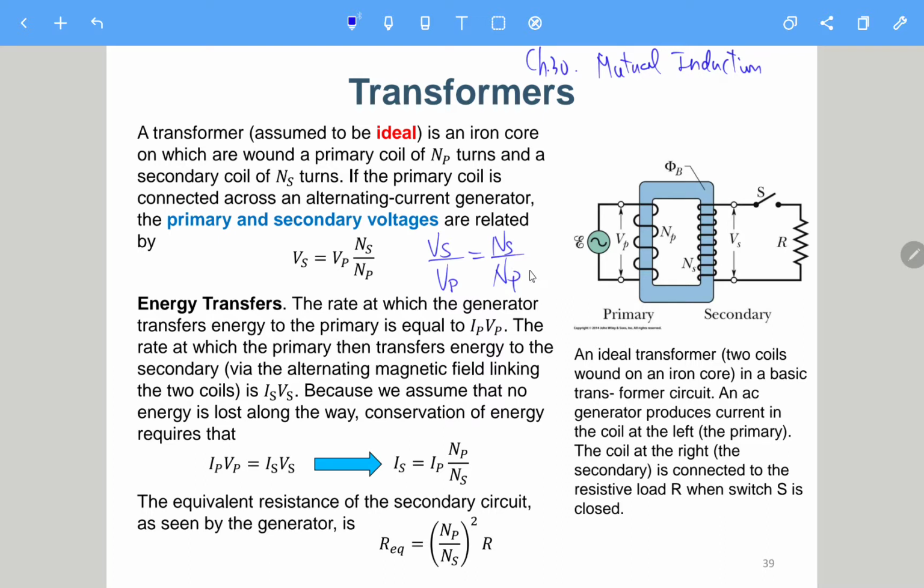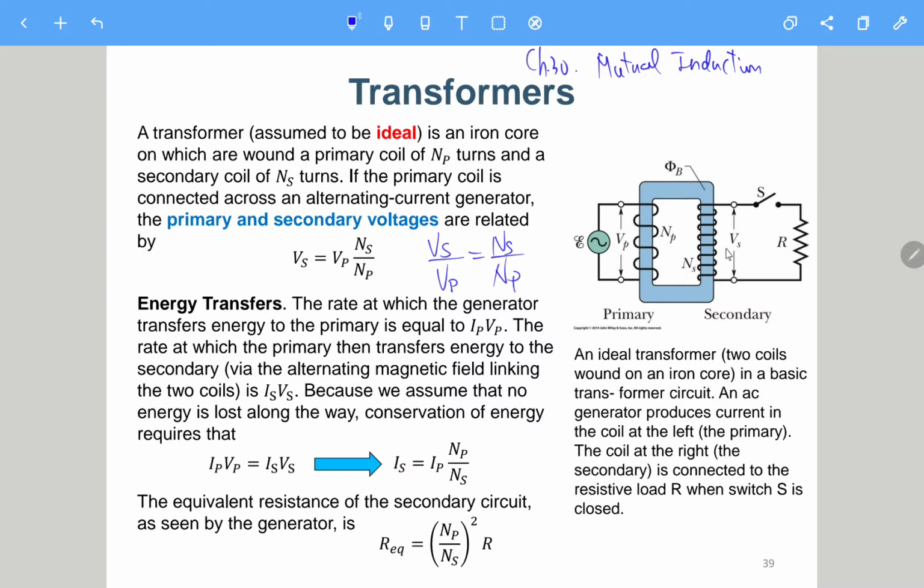So we can try to make the turn ratio to be a specific value. For example, if we have a source here, and in this figure we have fewer turns for the primary coil and more turns for the secondary coil, then in that case Vs will be larger than Vp, which means that we can transform the voltage from a low voltage to a high voltage.